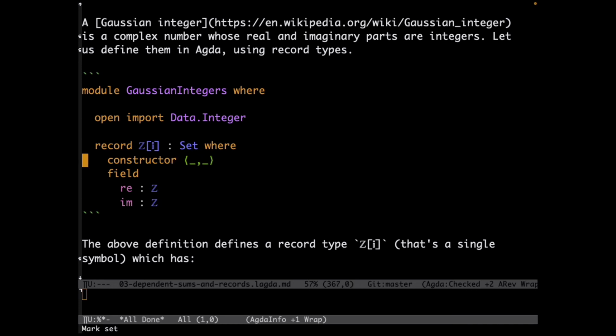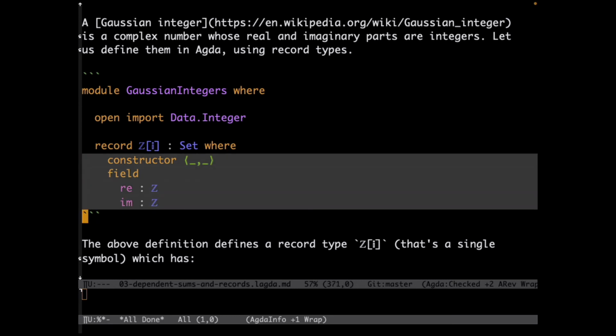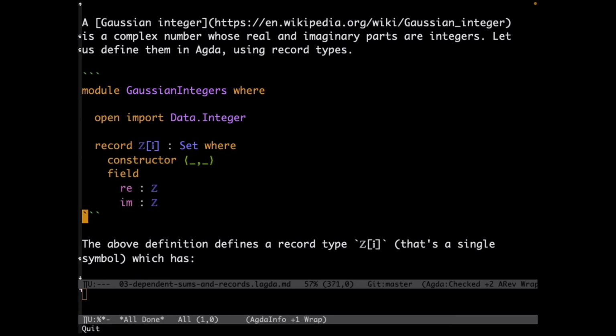There are two things, and none of them is necessary. You can have a field called constructor, which tells you how to make elements of this type. Because I declare the constructor, if I write two integers between these triangle parentheses, that'll be an element of this type, and of course these two underscores correspond to these two components, the fields.